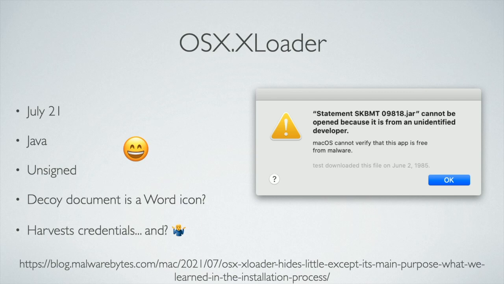So not exactly a very convincing decoy document. You kind of wonder where the requirements went wrong on that one. Like, hey, can you open a decoy document? Make it Microsoft Word. Somebody decided to use the icon instead.